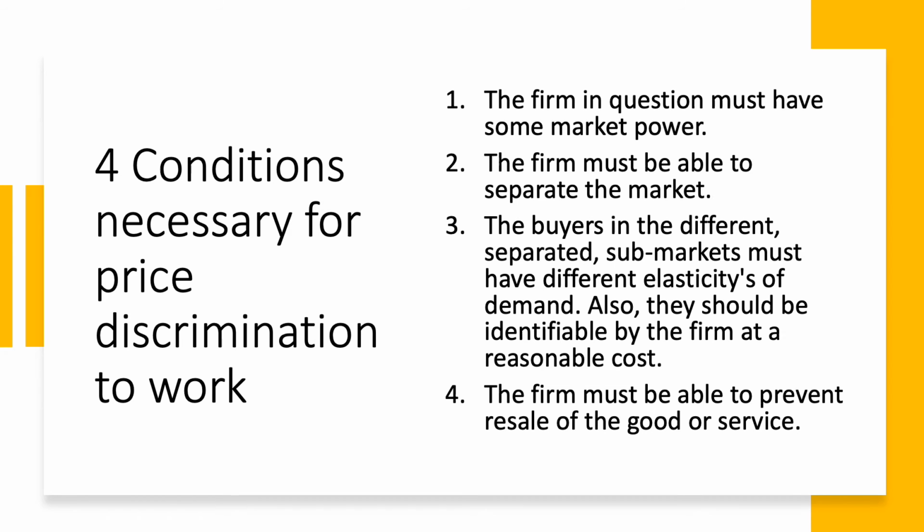The buyers in the market or submarket must have different elasticities. Also, they should be identifiable to a firm at a reasonable cost. You have to know that one person is more elastic than the other very, very quickly in order to price discriminate. And the fourth is that the firm must be able to prevent resale of the good or service. So what you don't want is the elastic customer coming in, buying the product at the lower price, and then selling it back into the marketplace.